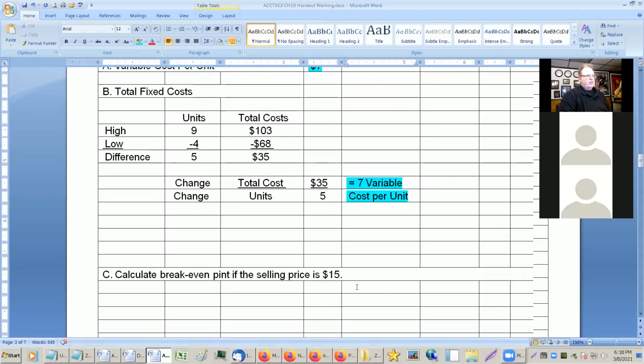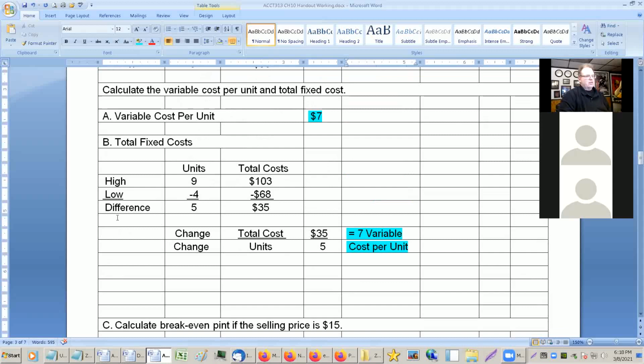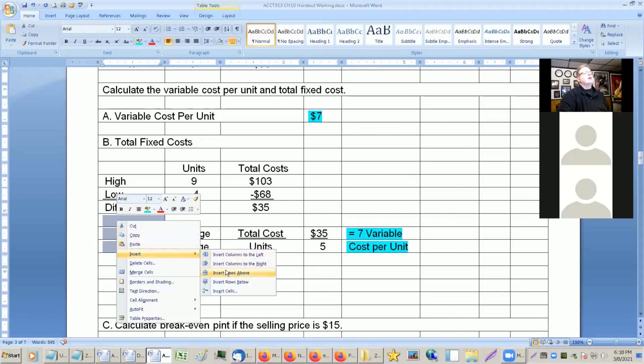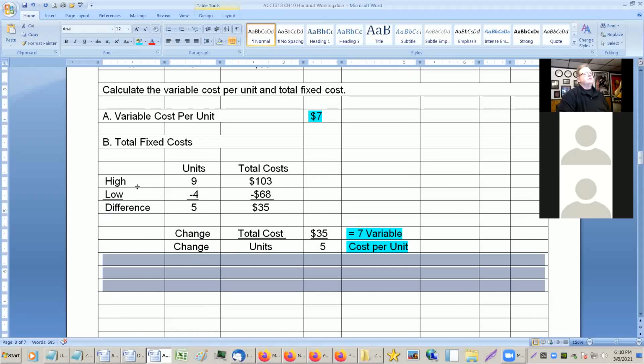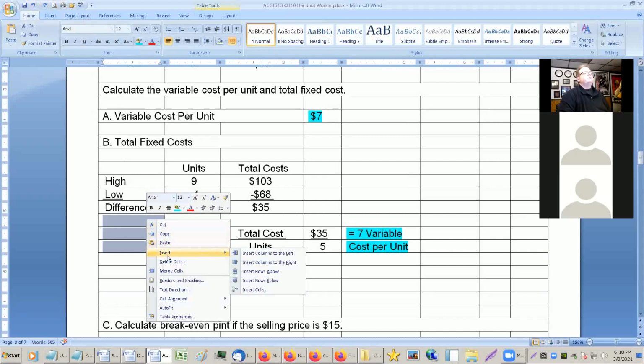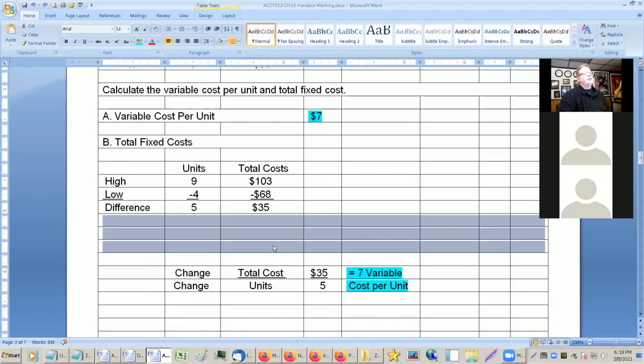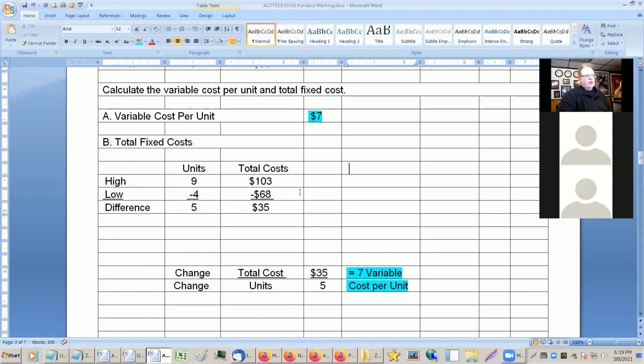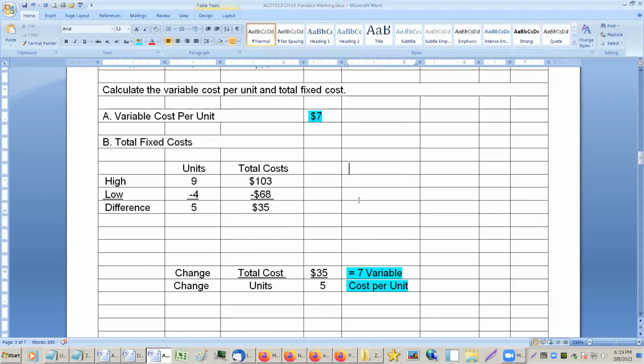And now we're going to do the fixed costs. Let's take the high.